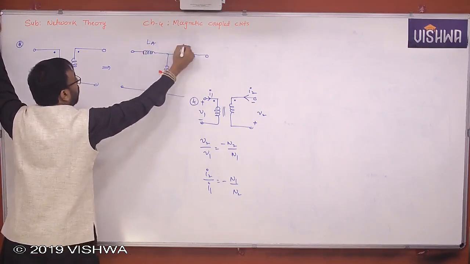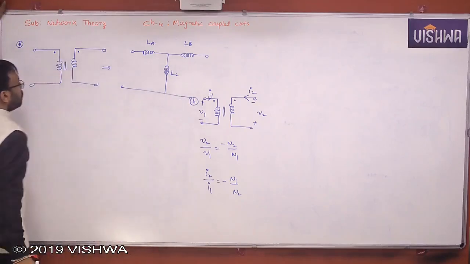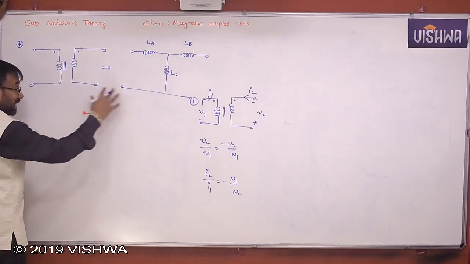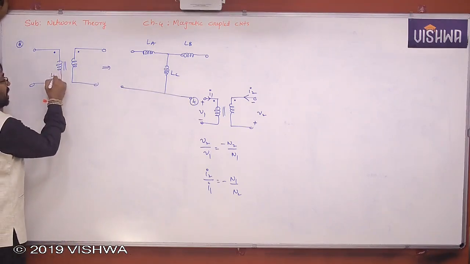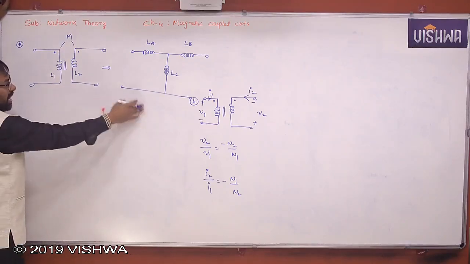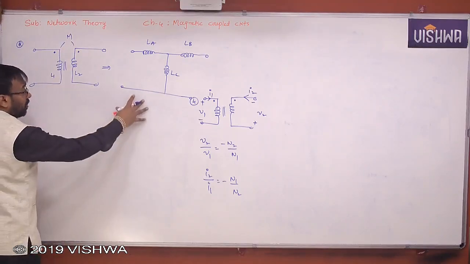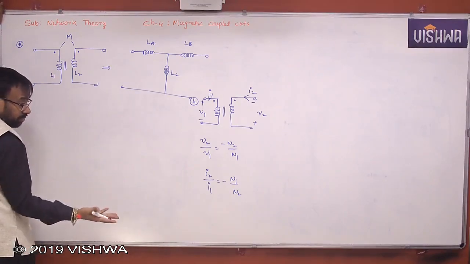Say this is the T model, LA, LB, LC. I want to replace this by its equivalent conductively coupled circuit. So this is L1, this is L2, this is M. Now this is an equivalent of this. That means the equations of this and the equations of this you can derive and you can compare. Yes or no, all of you?